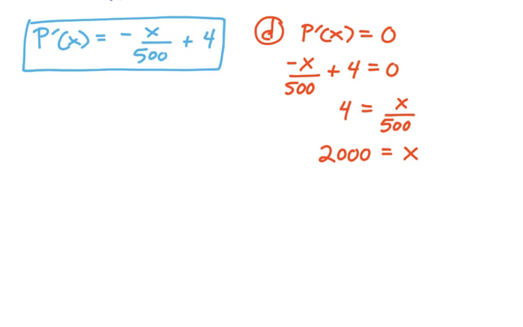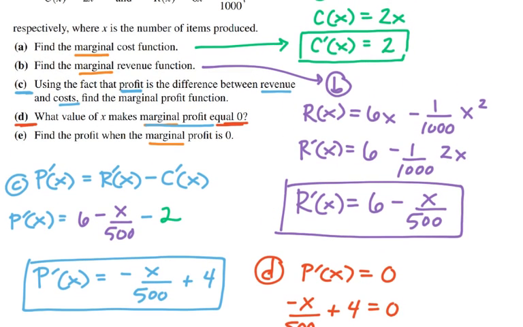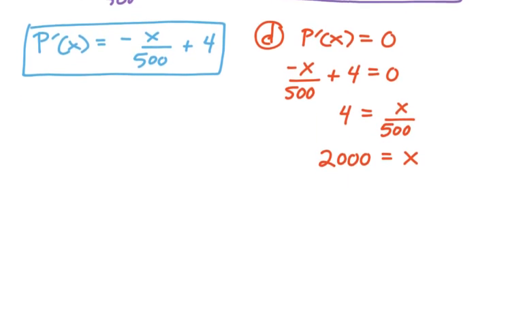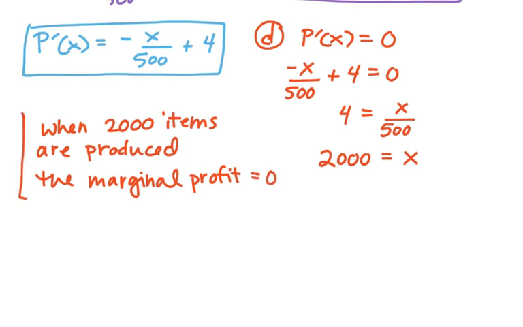So what does X represent? If we scroll back up and remember what X represents, that's the number of items produced. So in order to answer this question, we'll say when 2,000 items are produced, the marginal profit is 0.